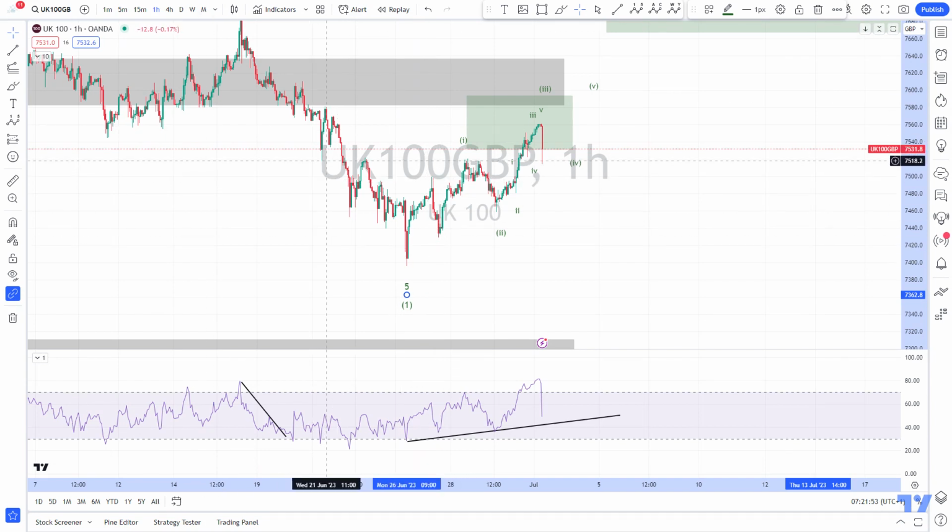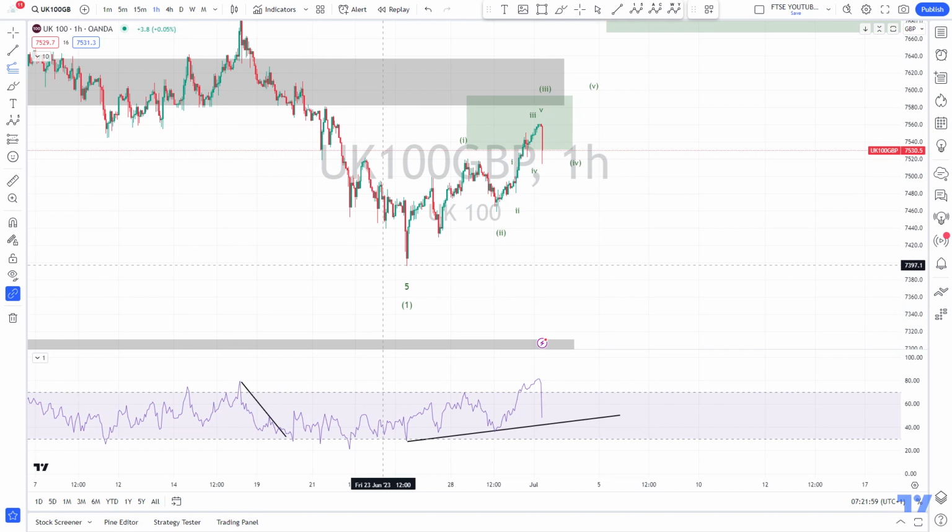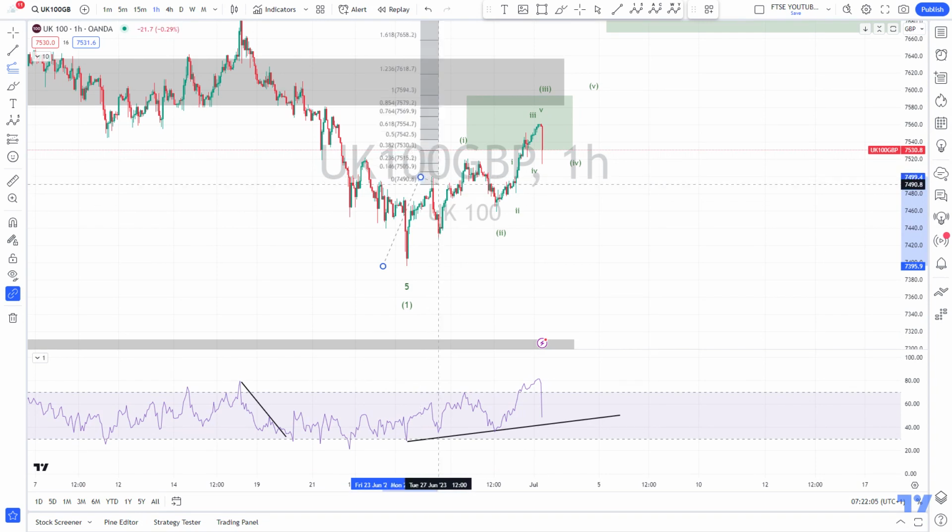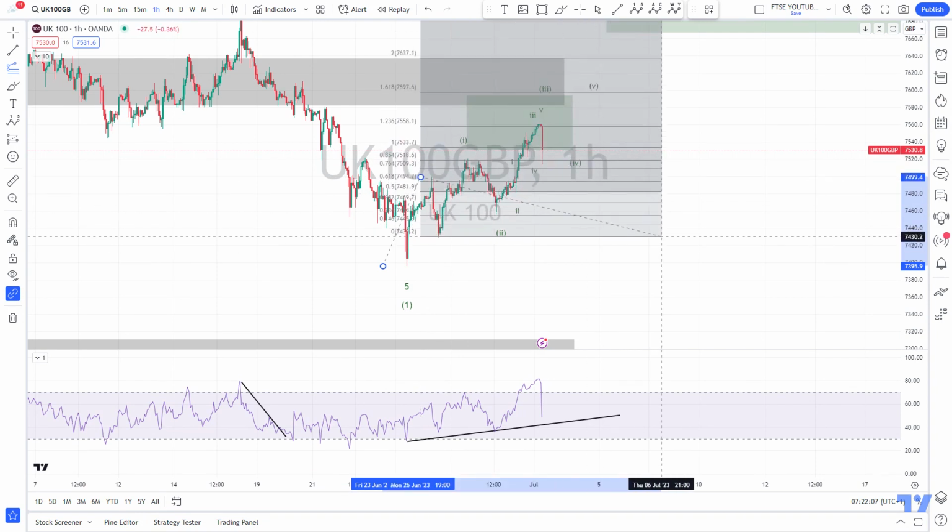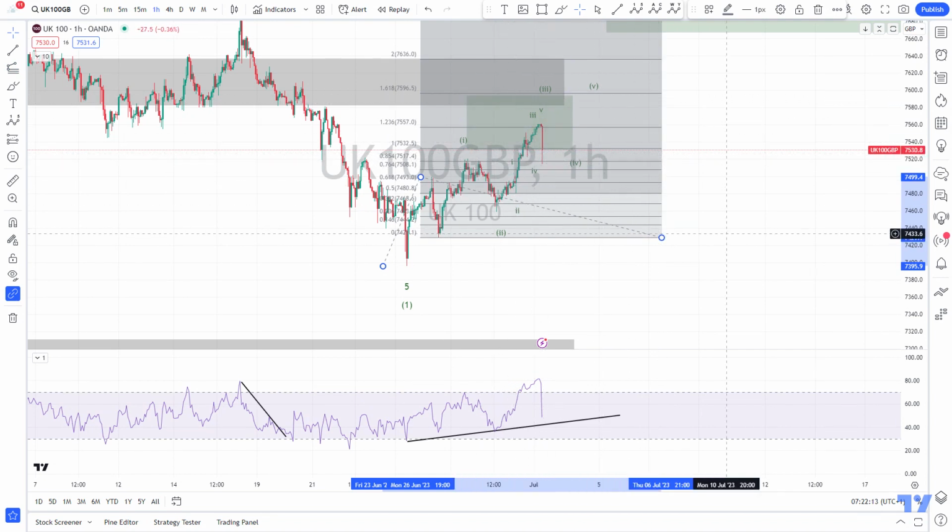We are making lower lows, lower highs. The first ABC I saw was from here, and this is how we calculated this area. We took the length of this wave A, this wave B, and then the area between the 1 and the 1.618 FIB extension would be the area where we could go short.